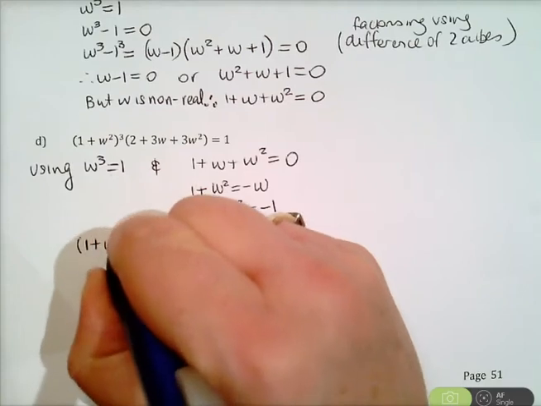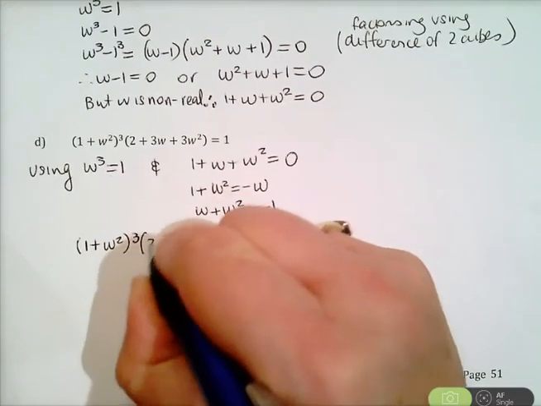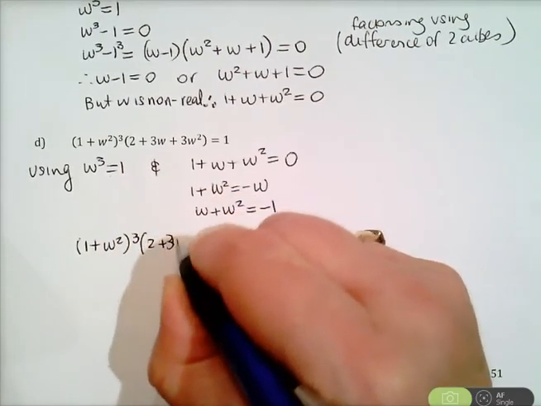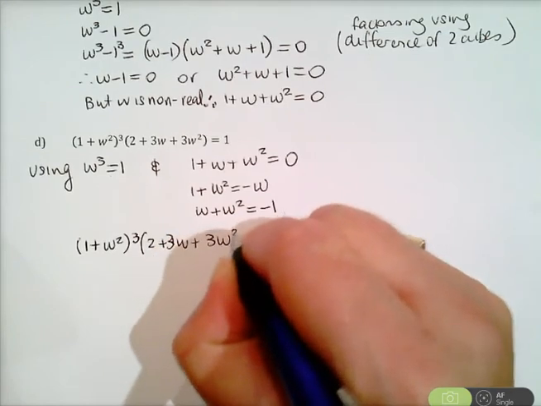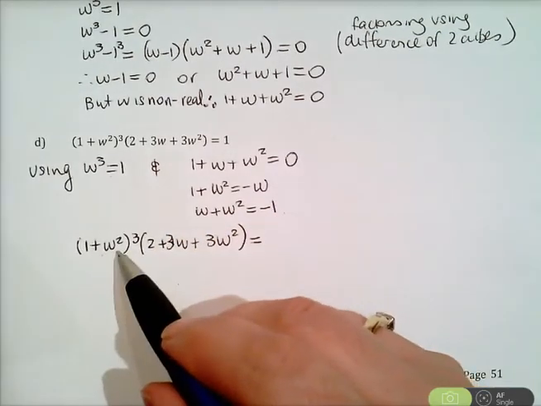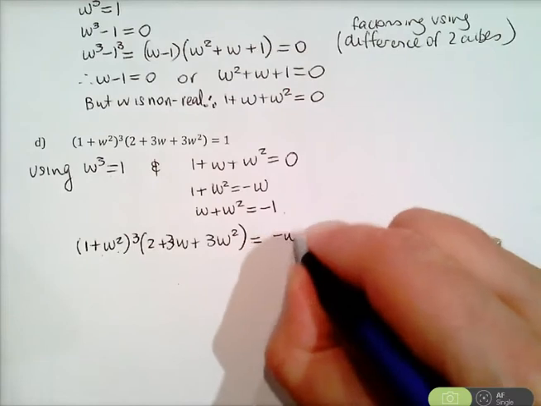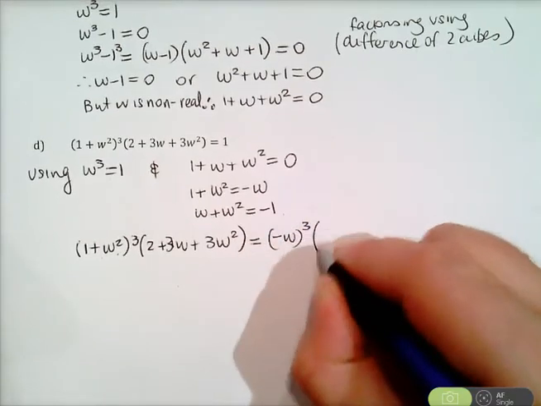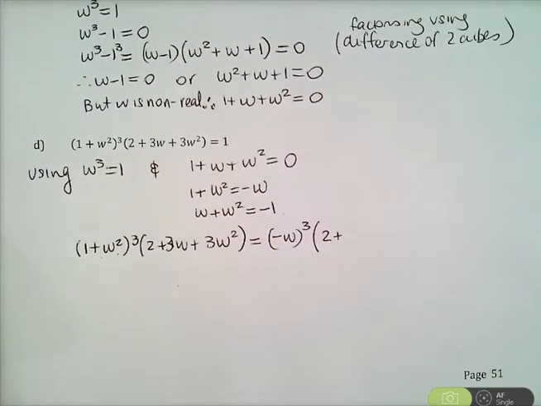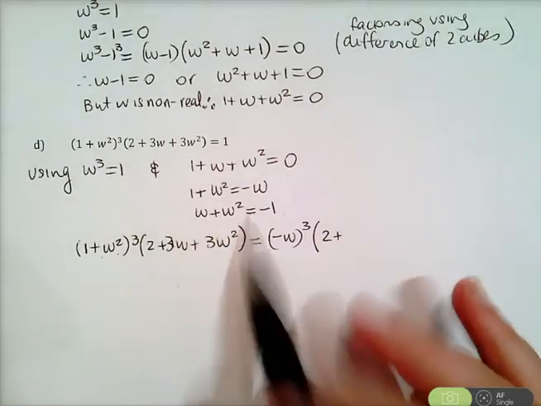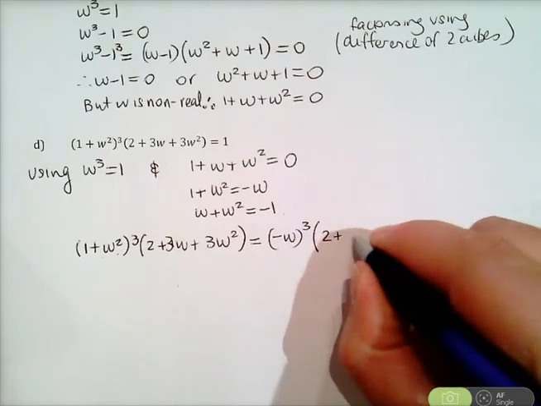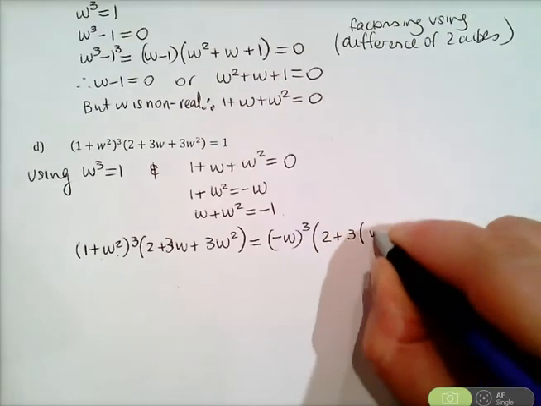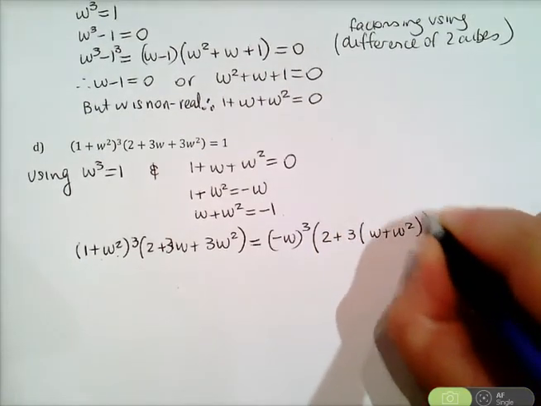We've got 1 plus w squared, cubed, times 2 plus 3w plus 3w squared. Now 1 plus w squared is negative w, and that's cubed, times 2 plus 3 bracket w plus w squared.